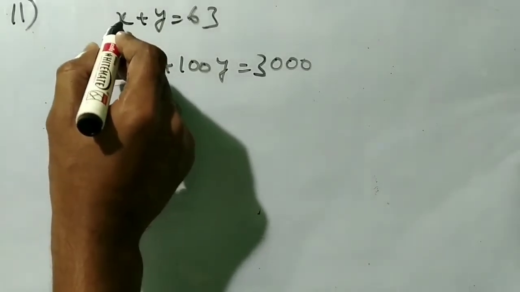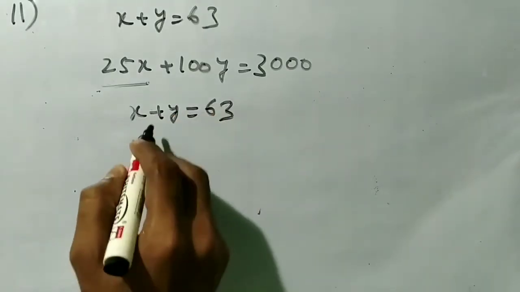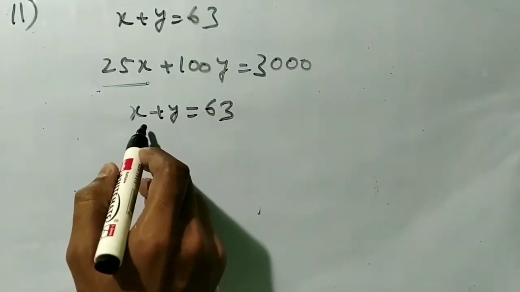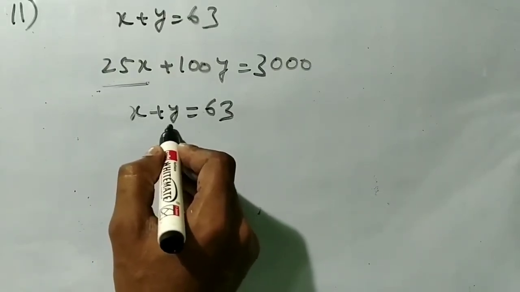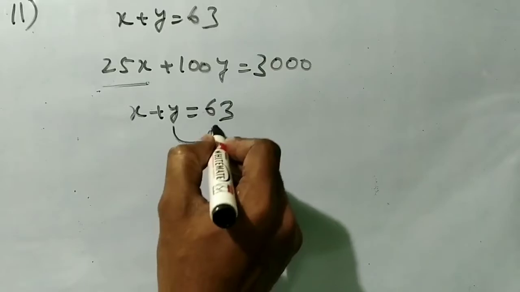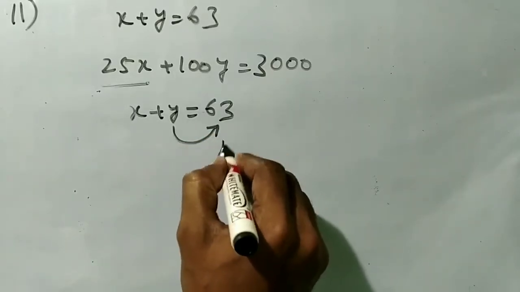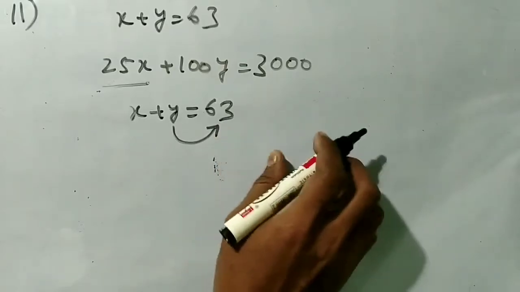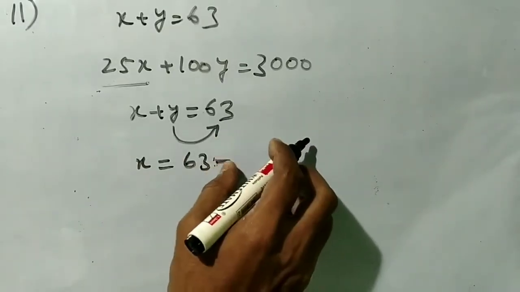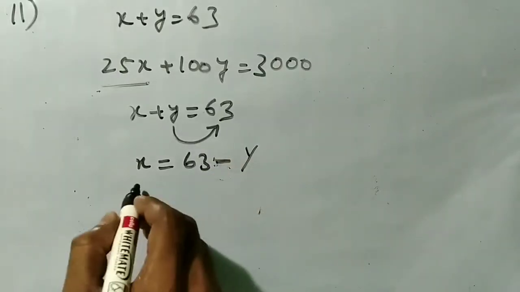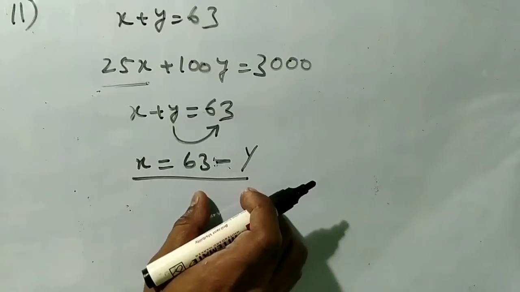So here x plus y is equal to 63. Let's do one thing, for our convenience, transfer y from the LHS to the RHS. So x is equal to 63 minus y. So we got another x value in terms of y.